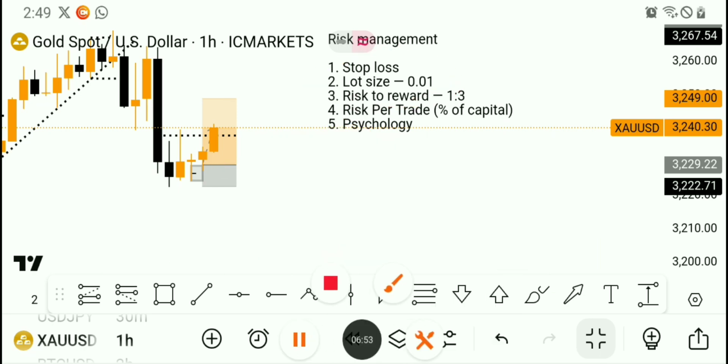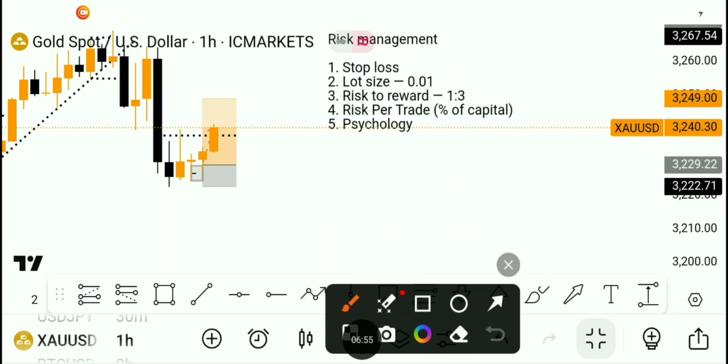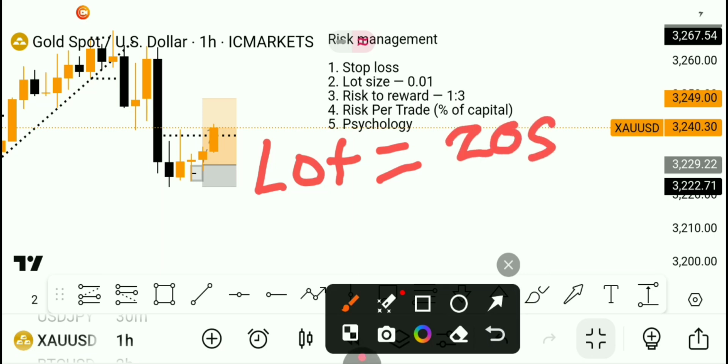If my risk is $20, now what will be my lot size? My lot size will be equal to $20 over the pip value. Sorry, my stop loss in pips. My stop loss was 65.1 pips.